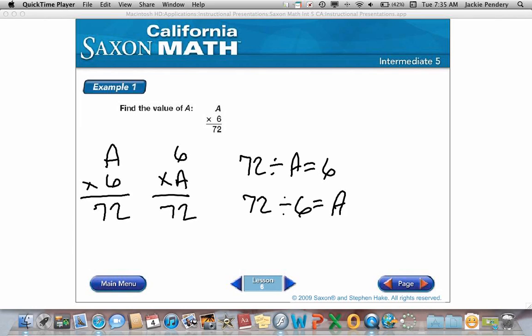So again, we're going to look for the problem that has the variable in the answer, and we're going to use this one today. But since I can't do subtraction sideways, I'm going to rewrite it.